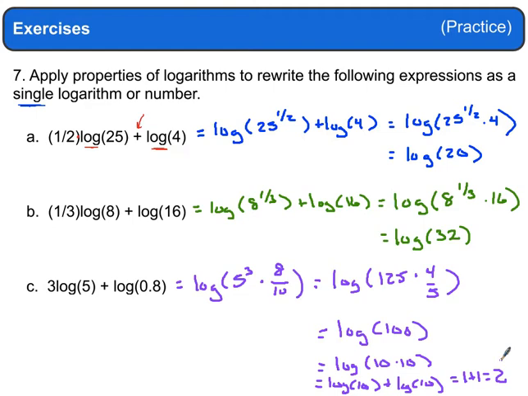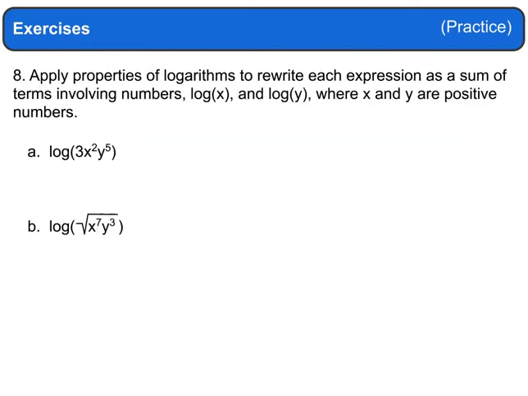Or you may have noticed from our previous studies that log 100 is 2. Another way to look at that just for fun is I can write log, I'm going to replace 100 as 10 squared. And so the 2 can go to the outside, so 2 times log 10, and log 10 is 1. So 2 times 1 is also 2. So that's another way of simplifying that particular one.